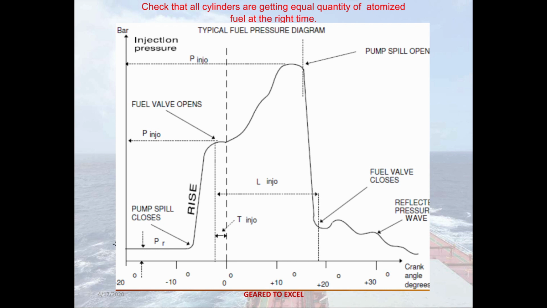When the fuel valve opens, this is the pressure rise. So the injection pressure here, and here again the pump spill opens and there is a sharp drop. The fuel valve closes at this point, and you can have pressure waves at the reflectors in a damping manner.